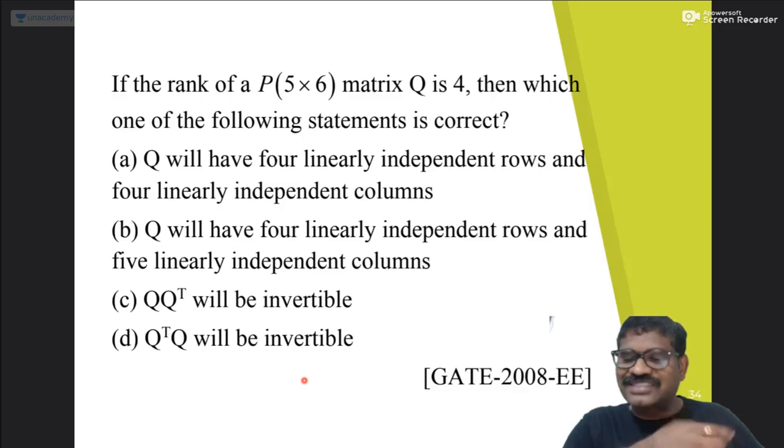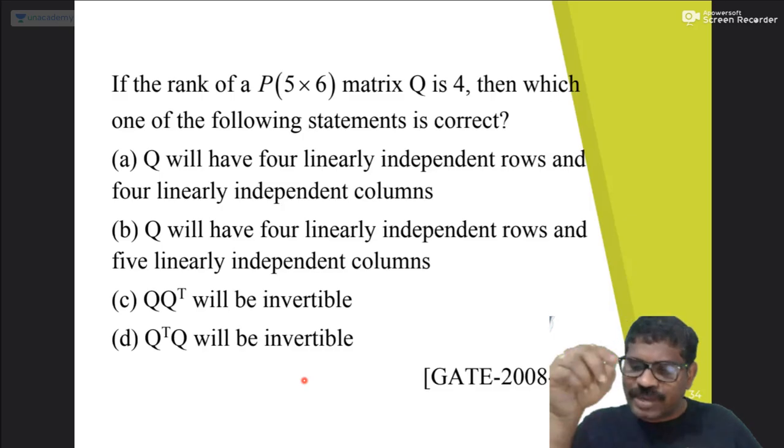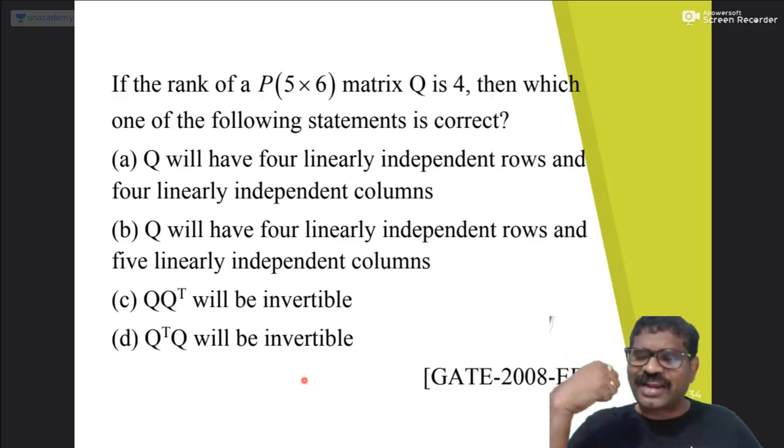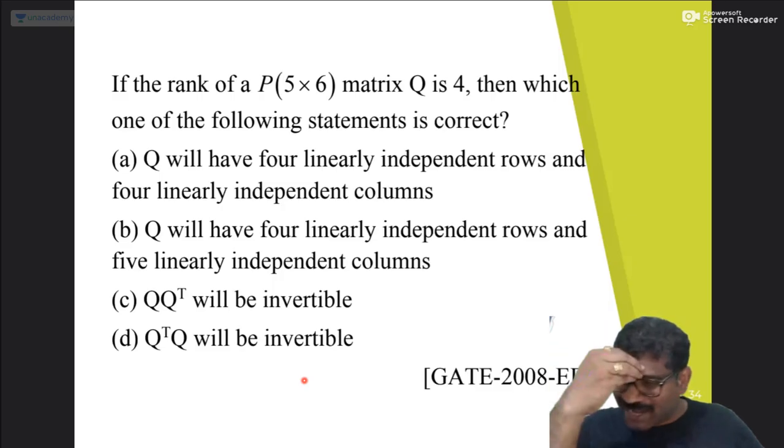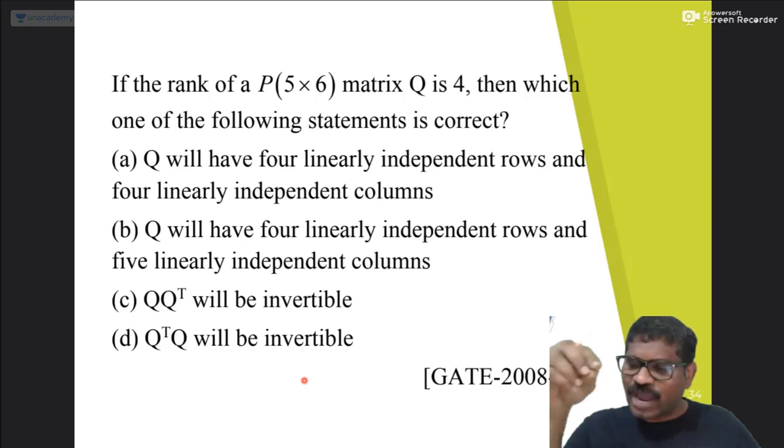You have to go by the rank procedure only. Already rank is given. Why are you calculating that? Already rank is 4. You need not calculate anything. You have to identify the concept.